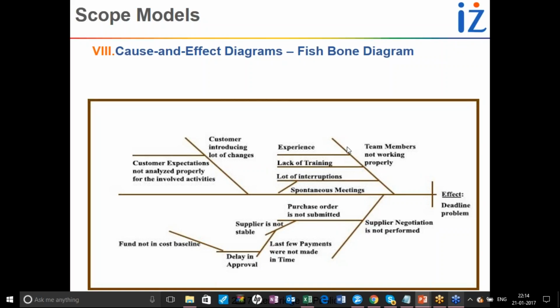So these are the inner details of this effect, and this is the cause, and this is the effect, and these are the causes, and for this effect this is the cause. So another cause is that supplier negotiation is not performed, and the reason supplier negotiation is not performed is that the purchase order is not submitted.